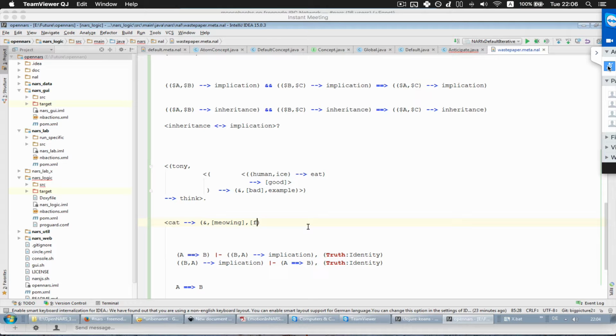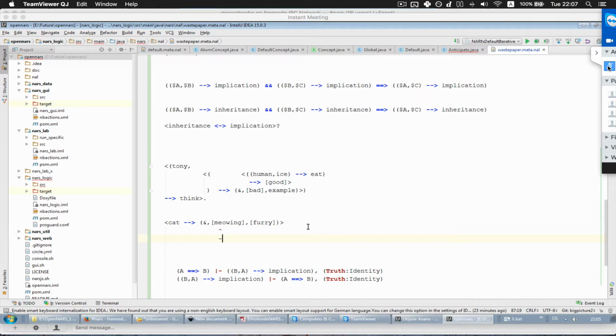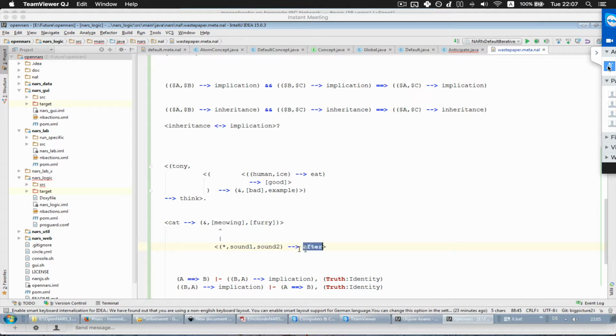this furry property, for example, and then I could decompose this one. This one is already not an atomic property, nothing which will enter the system at sensory level, but something which is a composition of different events. So now we have our reflection of implication, but now I will use the implication with after.